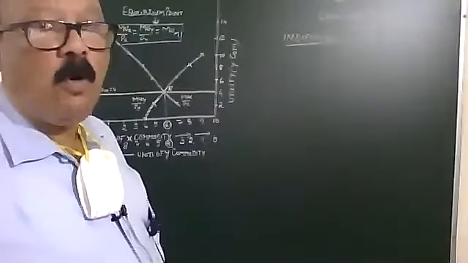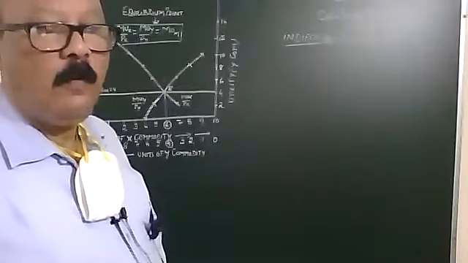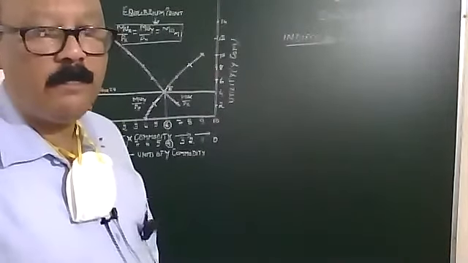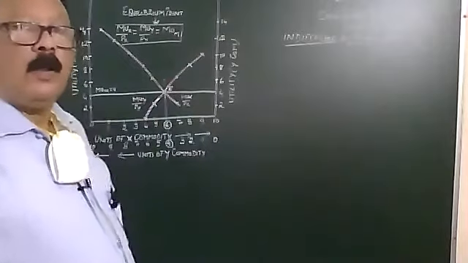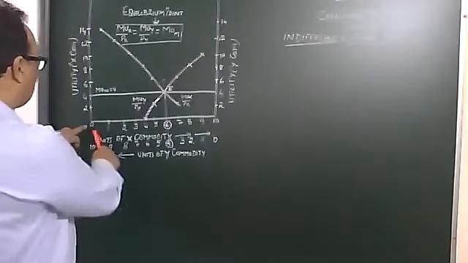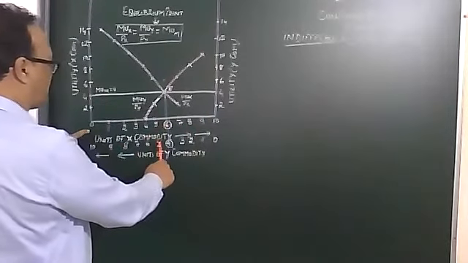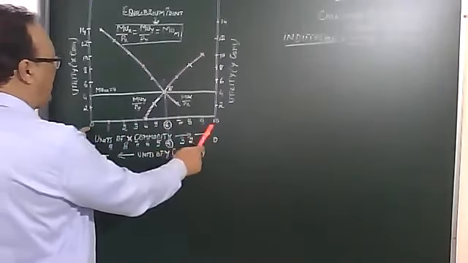We need to show both the x and the y commodities together, then only we will know where the consumer is at equilibrium. So on the x-axis, again I am repeating, we take the units of the x commodities, starting from 0, 1, 2, 3, 4, 5, 6, 7, 8, 9 and 10.